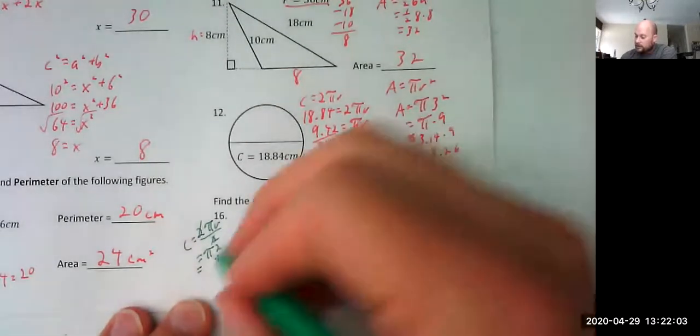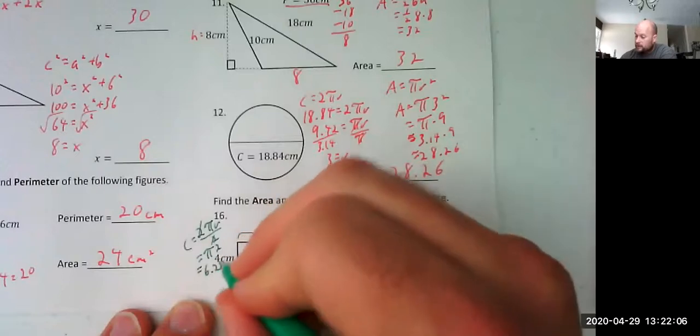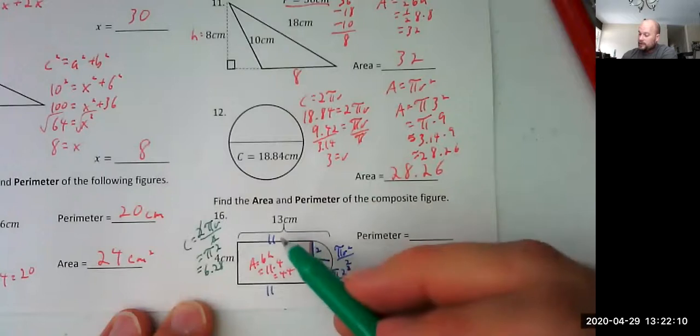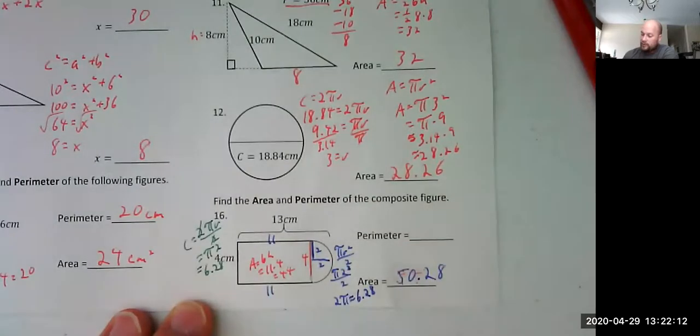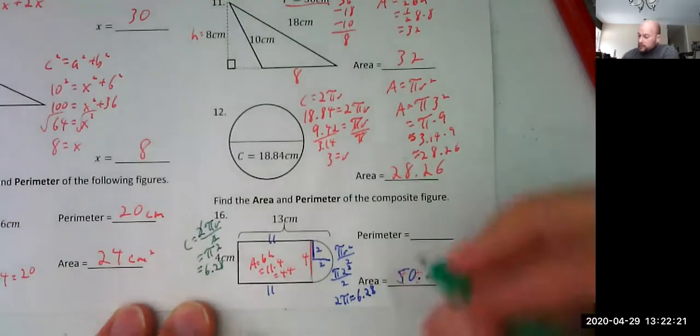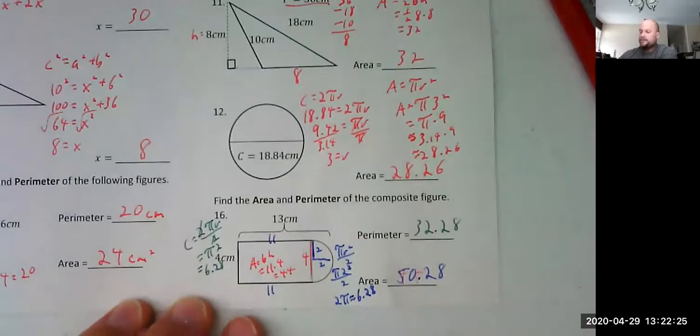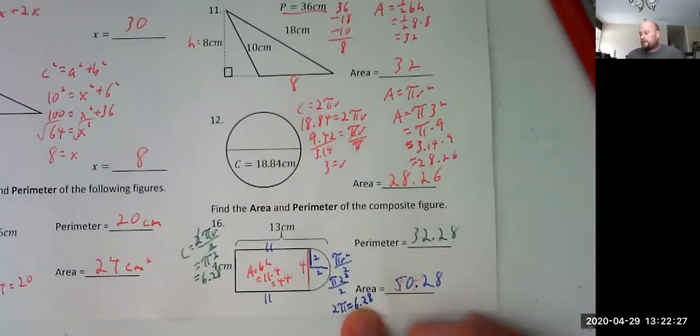It's actually the same as our area, so 6.28. Add that with the other 3 values, 11, 11, 4, and 6.28. 11 plus 11 plus 4 plus 6.28 equals 32.28.